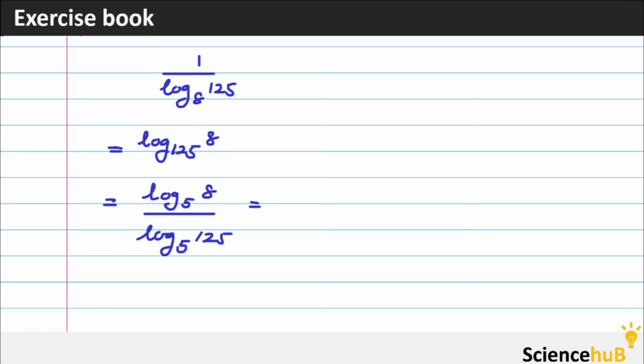This is equal to log 2 to the power 3 base 5 divided by 3. The value of the denominator is 3 because 5 to the power 3 is 125.